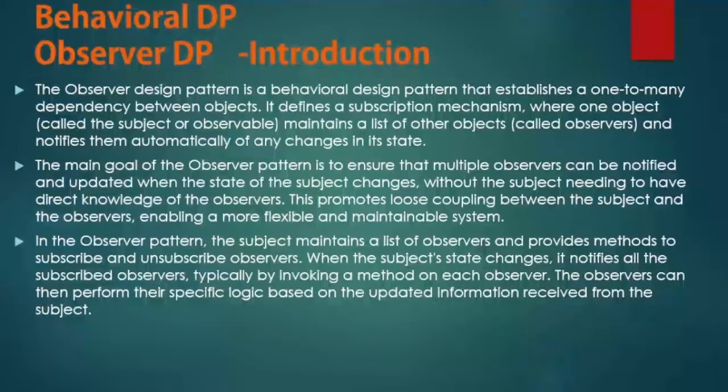In the observer pattern, the subject maintains a list of observers and provides a method to subscribe and unsubscribe observers. When the subject's state changes, it notifies all the subscribed observers, typically by invoking a method on each observer. The observers can then perform their specific logic based on the updated information received from the subject.